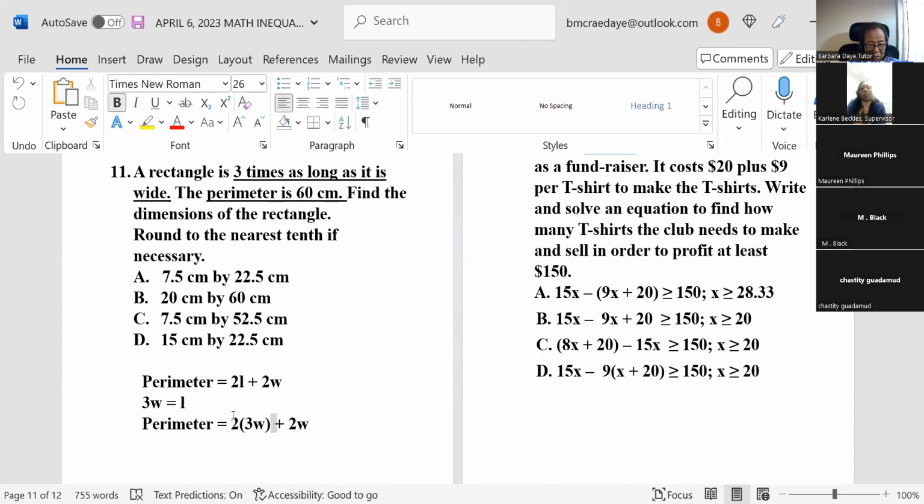Perimeter is 60, so let's put 60 equal to... How many widths is that, Maureen? 2 times 3 is 6, plus 2 is 8. That's right. So that's equal to 8 widths. Now solve for the width.